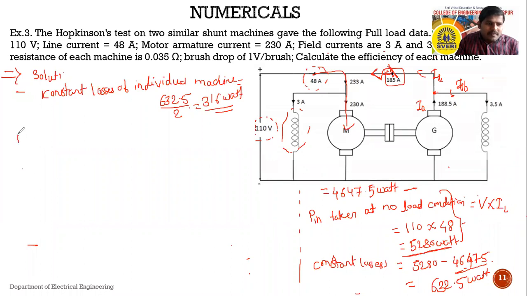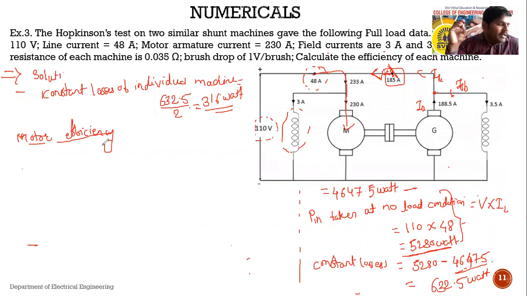See, first of all we will calculate the motor efficiency. So motor efficiency, okay. See, we are having the current, that is motor input current, you people know. Supply voltage of the motor, you people know.